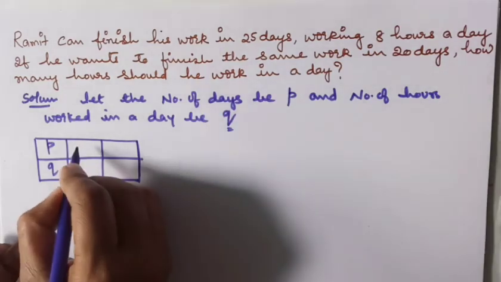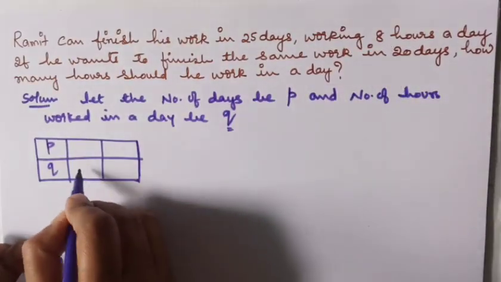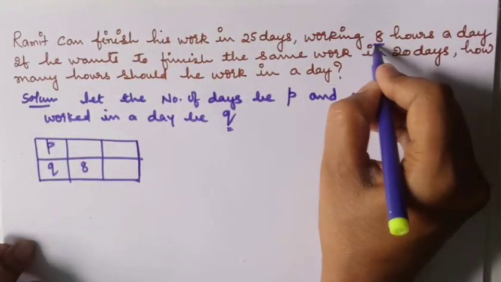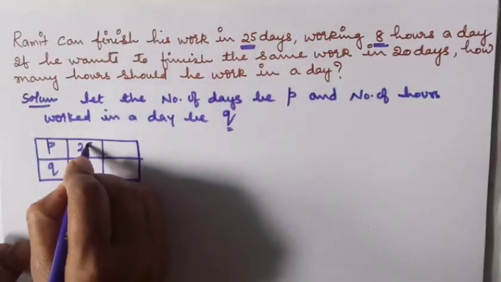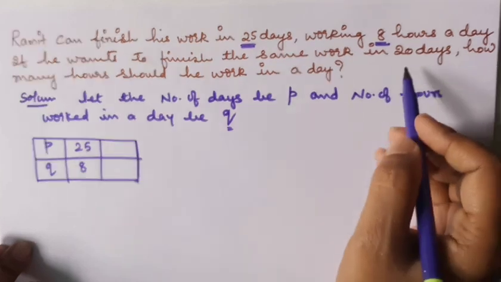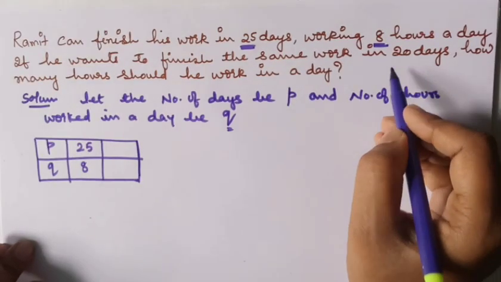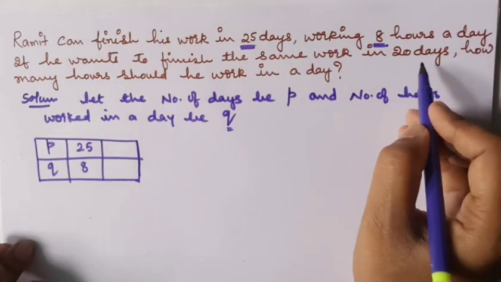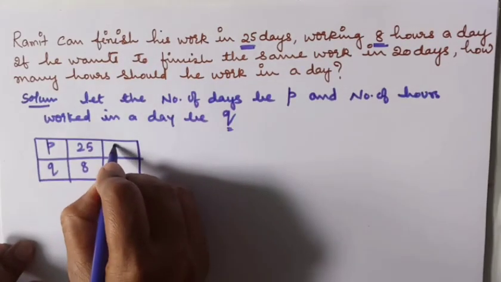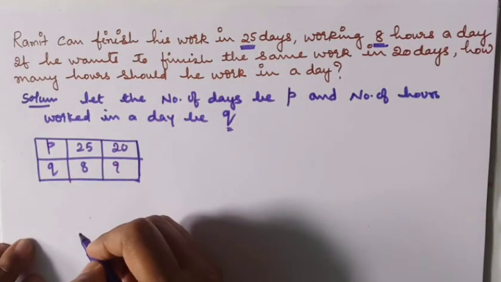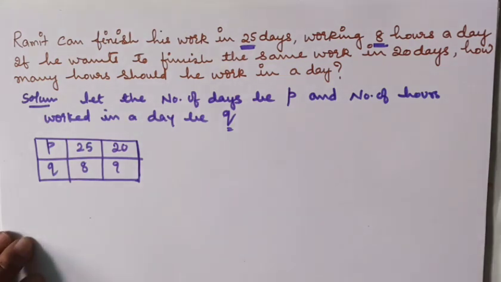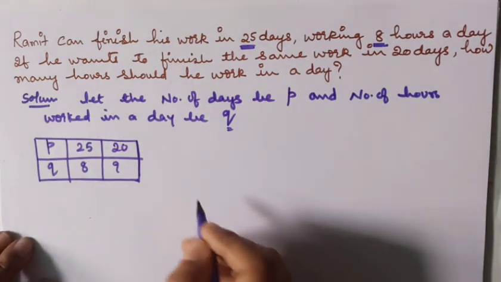If he is working for 8 hours, he is completing in 25 days. And if he is going to work for 20 days, how many hours he has to work in one day? This is what we have to calculate.